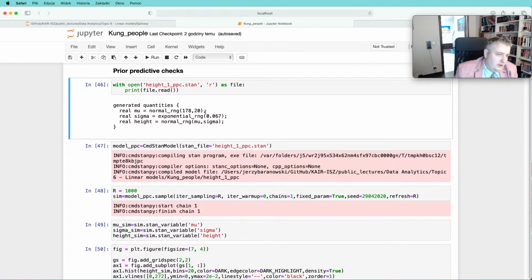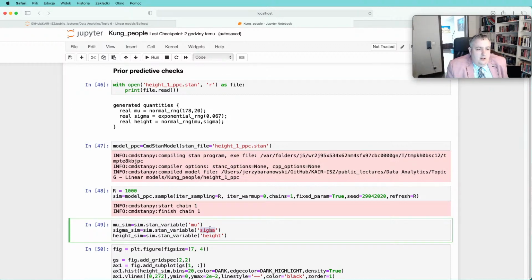We are just using random number generators from Stan, which are more efficient in a way because they are written in C and not in Python. And we get our simulated values. So we are simulating the height, mean and standard deviation. As you can see, we are sampling from the mean.